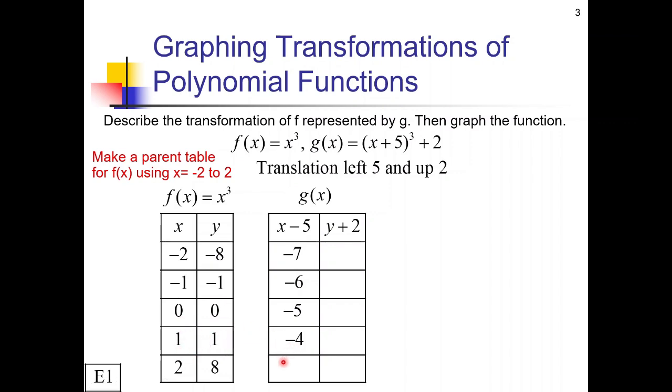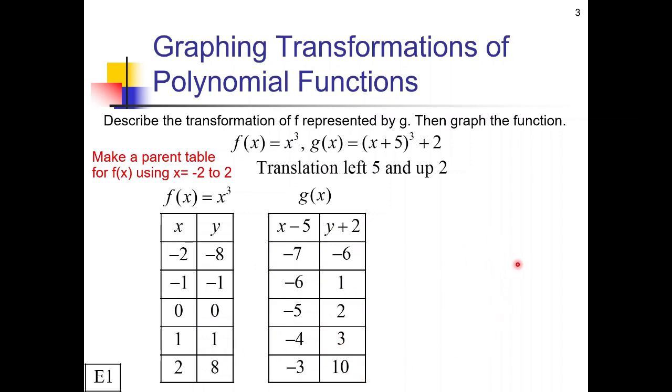And 2 minus 5 is going to be -3. Now we're just going to add 2 to all the y values they gave us. So that's going to be -8 plus 2, giving us -6. And then -1 plus 2 is 1. 0 plus 2 is 2. 1 plus 2 is 3, and 8 plus 2 is 10.